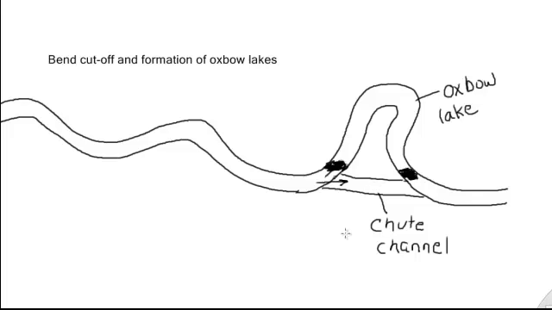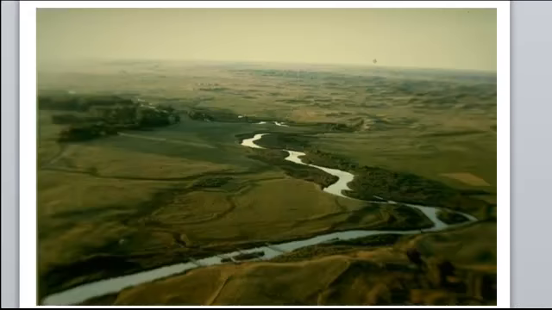Now I want to show you an example of a less tightly curved bend on a river where that process happened but was incomplete. So I want to go over to this slide. This is a picture of the Calamus River.